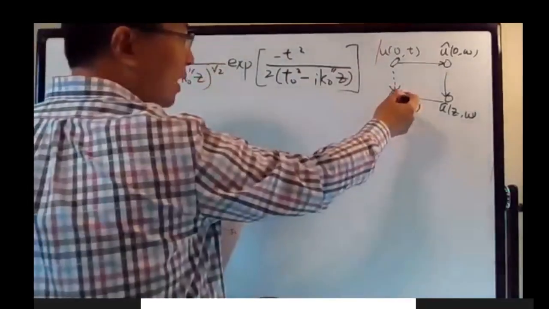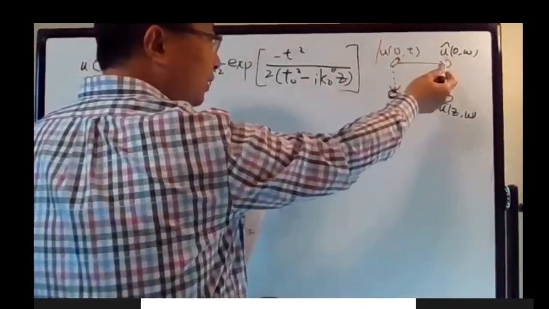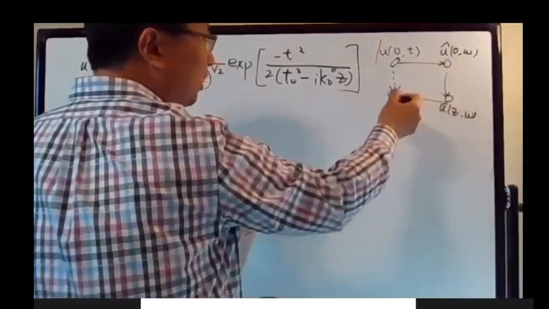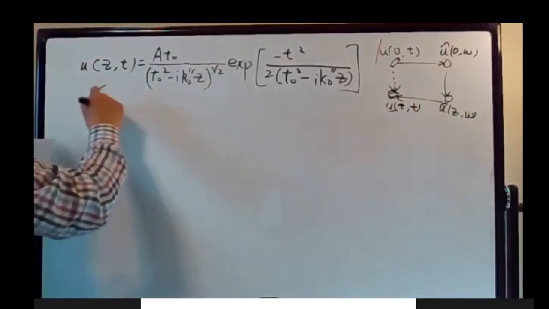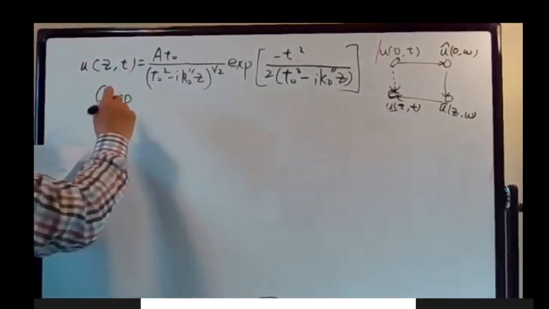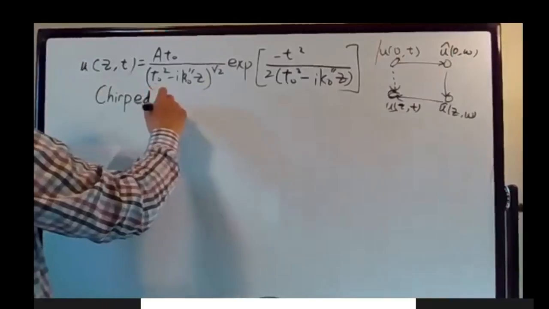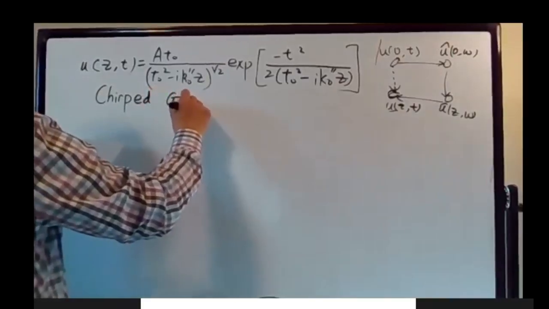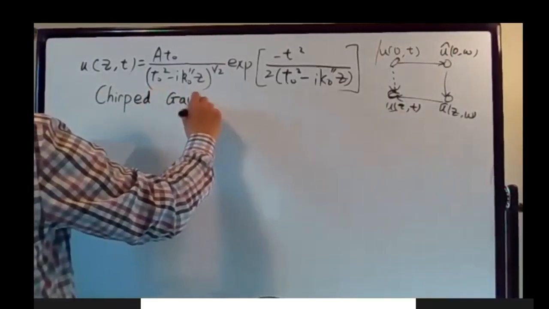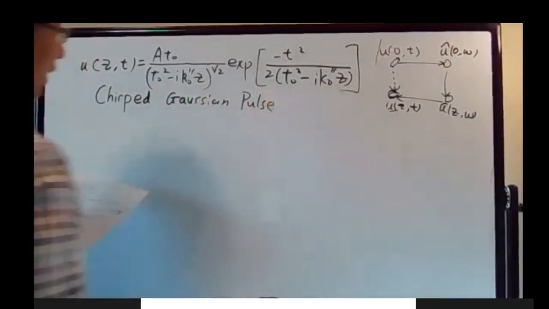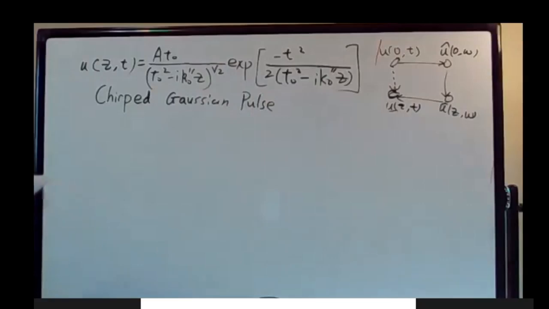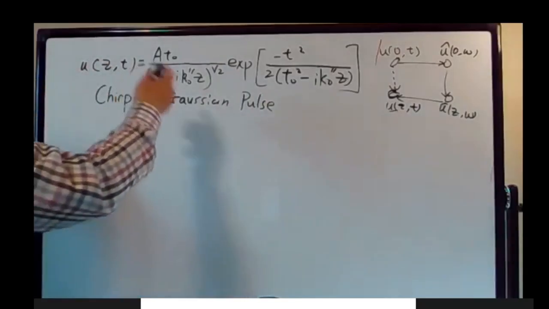What we do here is take the Fourier transform, propagate the dispersion, and inverse Fourier transform. This is called a chirped Gaussian pulse. What happened is that it has a chirp.